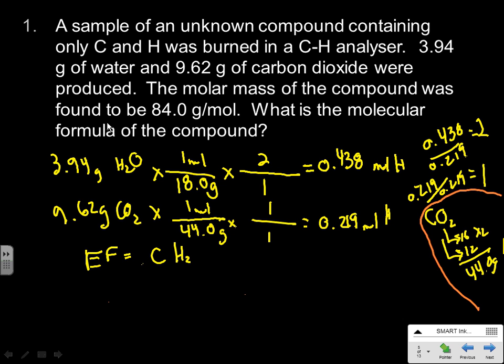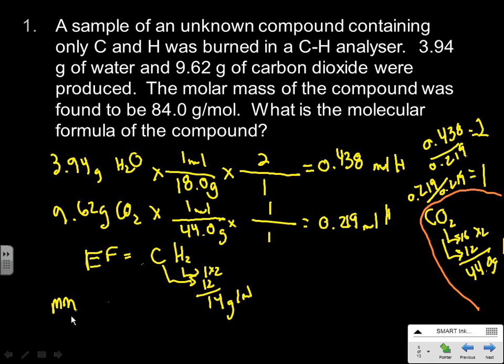Now notice we've got a molar mass. So the step I taught you on Friday: determine the empirical formula mass. 1 times 12 plus 2 times 1, what is that, 14? 14 grams per mole.